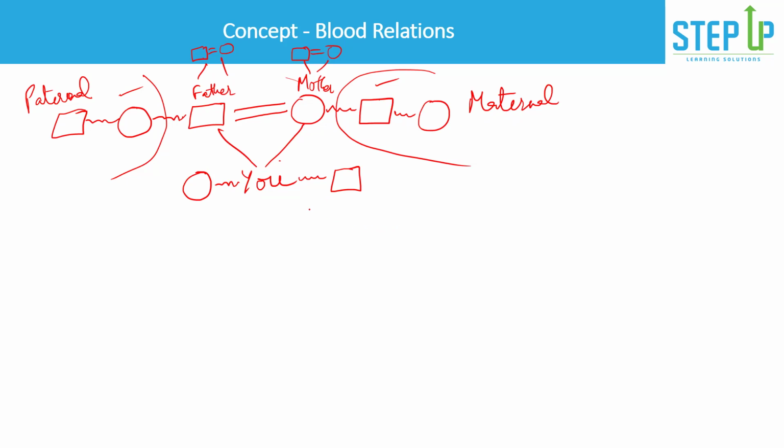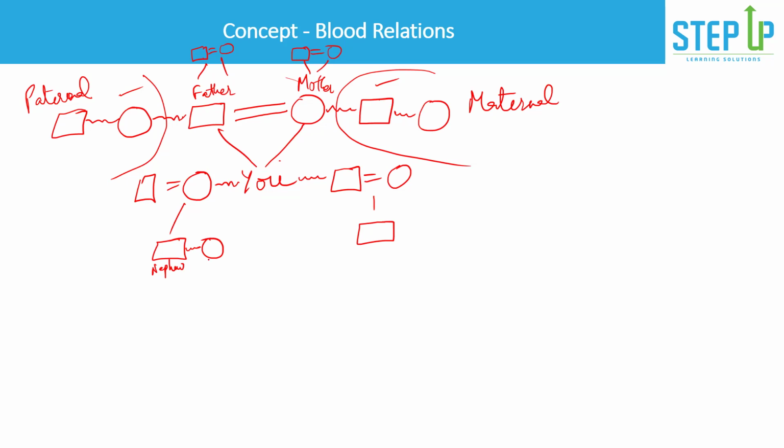Now if somebody talks about your nephew, who is your nephew? If your sister is married and she has a son, or if your brother is married and has a son, this is your nephew. Who is your niece? For example, this guy's sister is your niece.